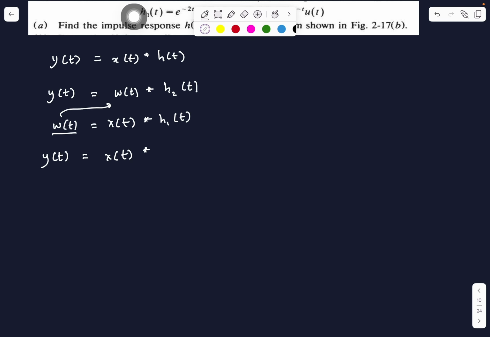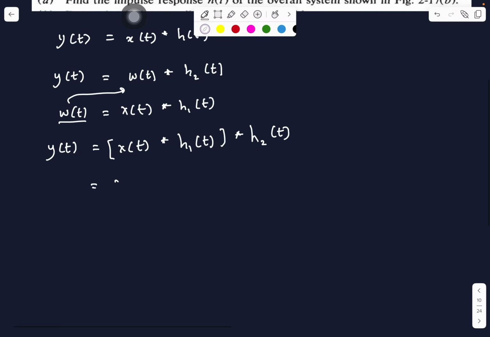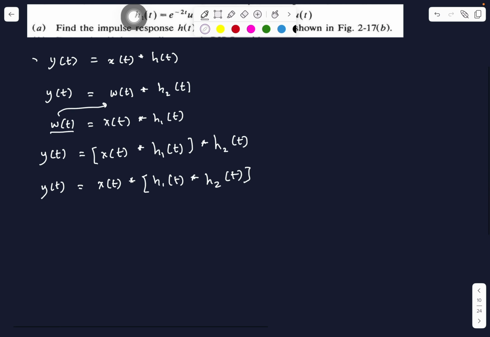And then if we substitute this here, we get that y of t is equal to x of t convolved with h1 of t, this is w of t, convolved with h2 of t. And then we use the associativity property. Then we can say that x of t convolved with h1 of t convolved with h2 of t, which means if we compare it, I know this is very easy, to the first equation here, then this portion must be h of t.